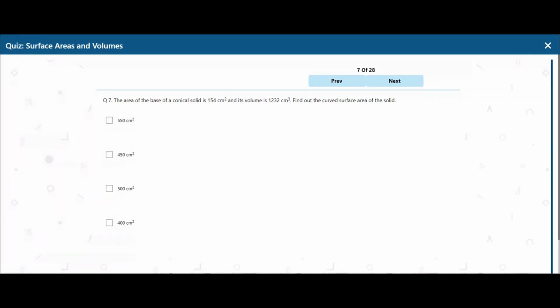Volume is 1232. Find CSA. Area formula, area of base. Find R. Also you have to find R, you have to find H, you have to find.